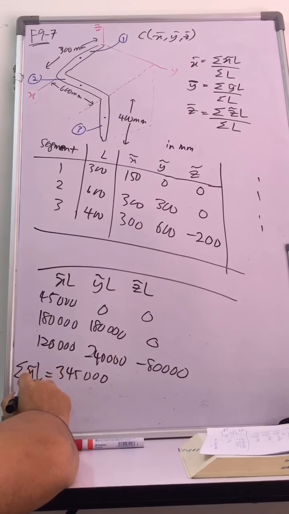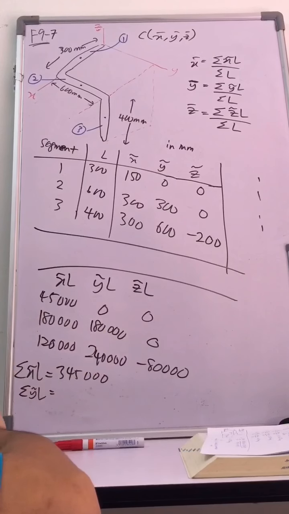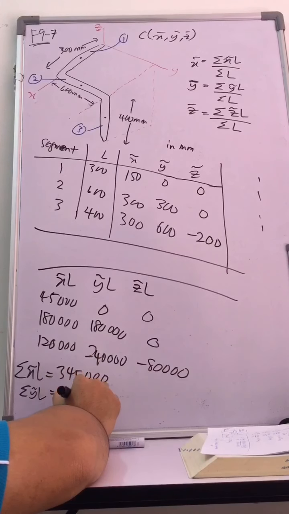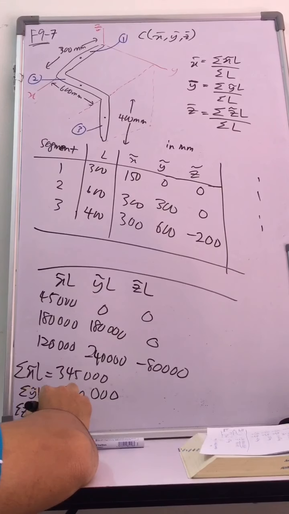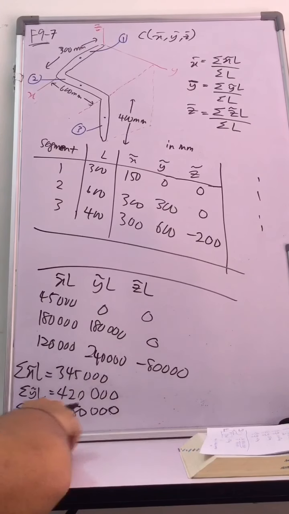Okay, for x tilde L. So for y tilde L, it is 180,000 plus 240,000. So you got 420,000. I hope you can see this. Z tilde L, okay, is simply minus 80,000.